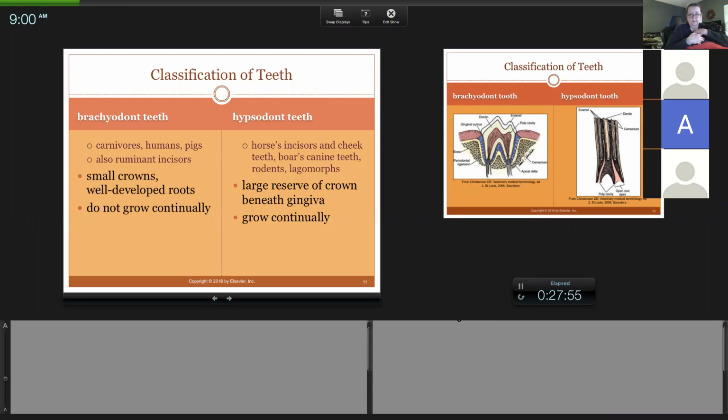Rodents. Does anyone know what a lagomorph is? What's a lagomorph? It is actually a rabbit. I was throwing that out there to see if anybody knew it. So rabbits, rats, and mice have teeth that grow continuously.